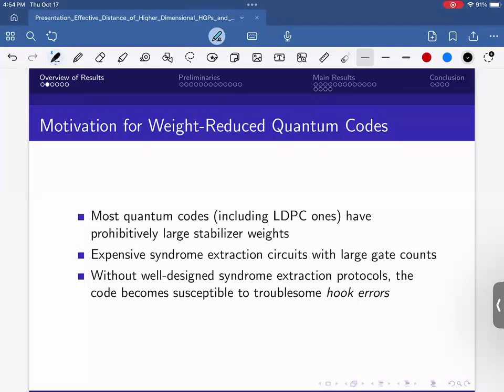And finally, without well-designed syndrome extraction protocols, the code becomes more susceptible to troublesome hook errors. When you have faults on the ancilla qubits of the syndrome extraction circuit, they can propagate to the data qubits. If you have a higher weight, even if it's constant, you spread to more bits too, if that makes sense.